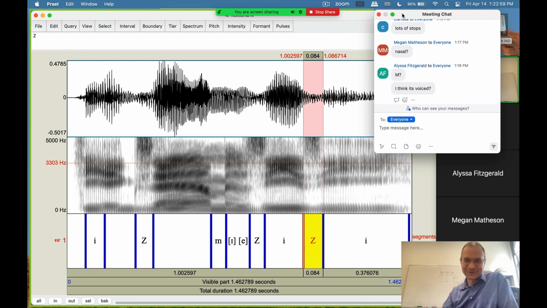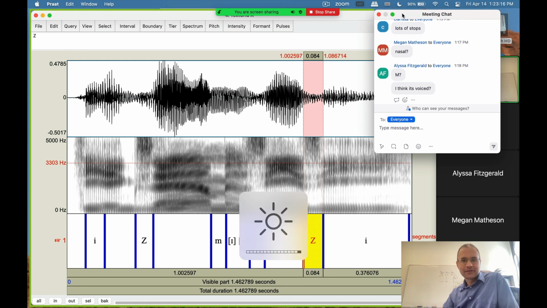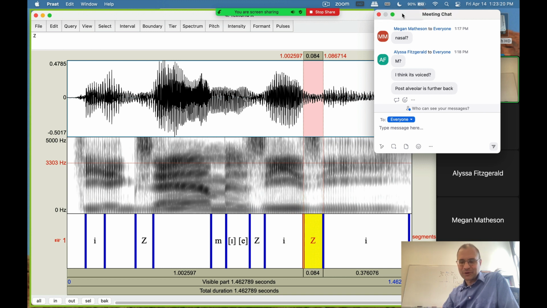We talked about that pretty early on in the semester, and talked about that in 201 as well. But you could start there and then think about what acoustic consequences being further back in the mouth might have. Post-alveolar is definitely further back. What might that mean for the acoustics of these guys?